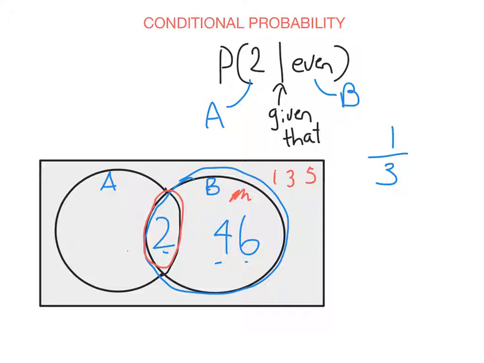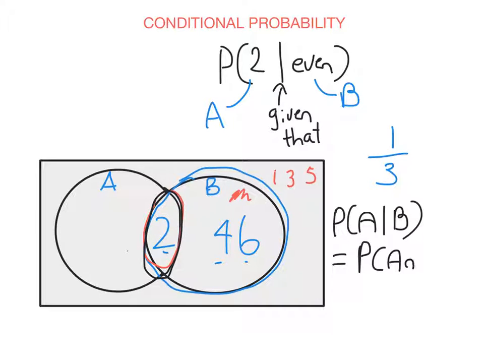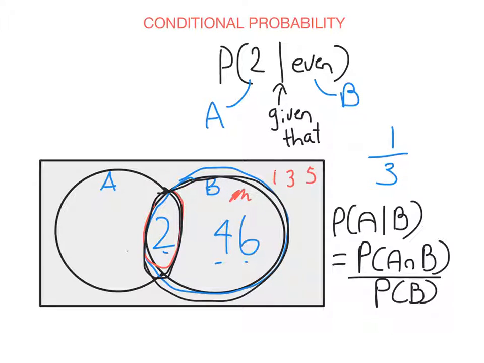So the way that we write this is the probability of A, given that B has already happened, equals the probability that I'm in this part of the circle. So it's the proportion of outcomes in that part of the circle over the total number of outcomes in this whole big circle here.